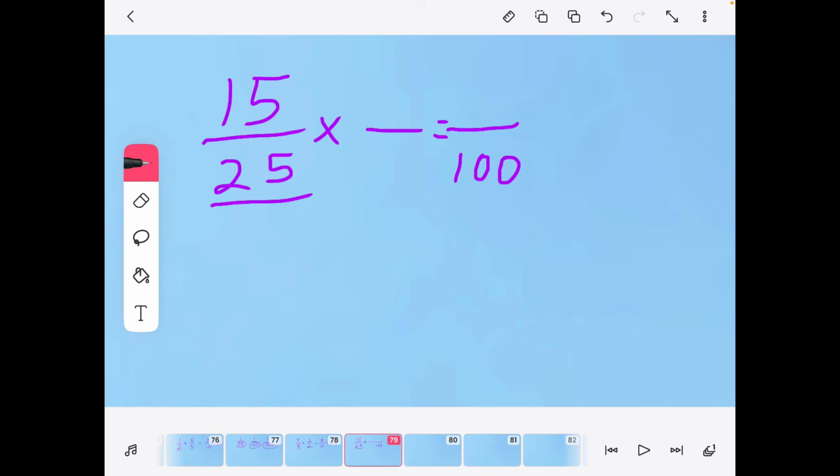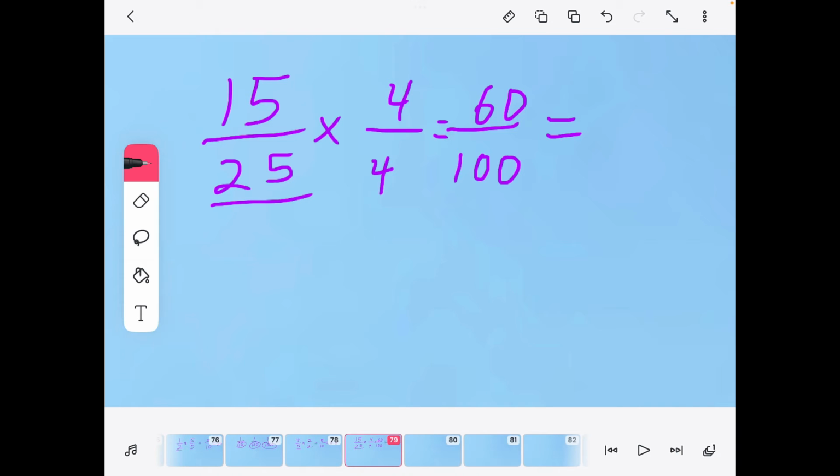I'm going to pick 3. 25 times 3. Nope, that's not right. That equals 75. So let's try 4. You see, you can try different numbers. Once you're right, you're right. When you're wrong, you have to go up or down. 25 times 4 is 100, so I put a 4 up top. 15 times 4 is 60.